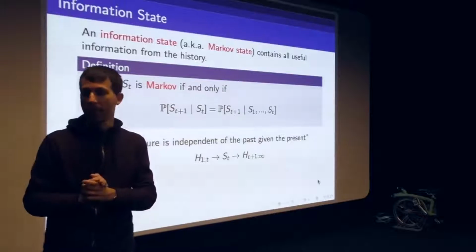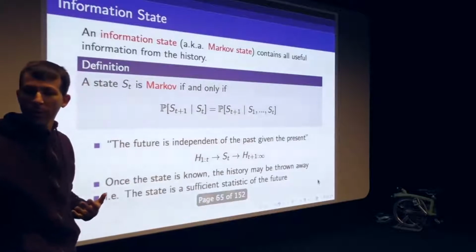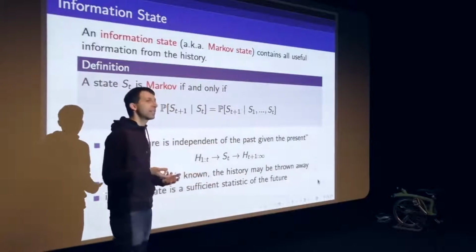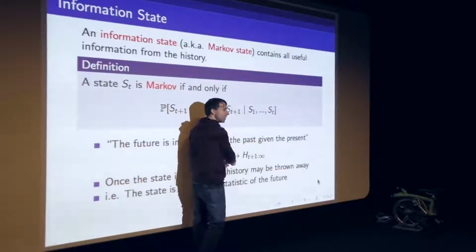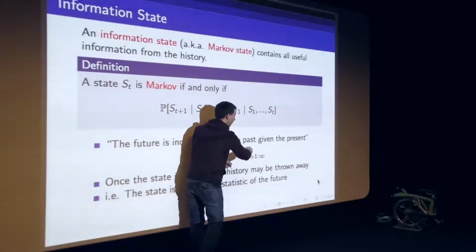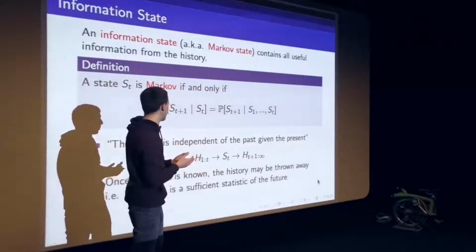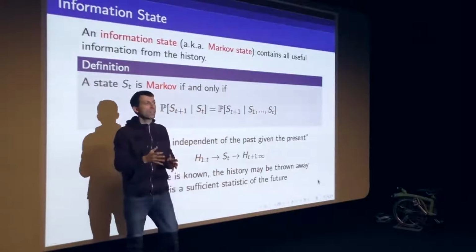So that's the definition of a Markov state. So we can throw away the history now. Another way to say the same thing is that the state is a sufficient statistic of the future. This state fully characterizes the distribution over future actions, observations, and rewards. So once we have this state, we can say everything that there is to say about that distribution.